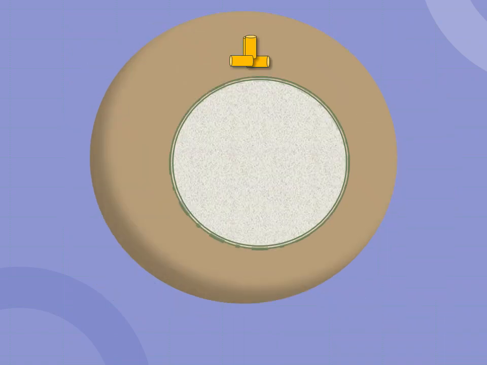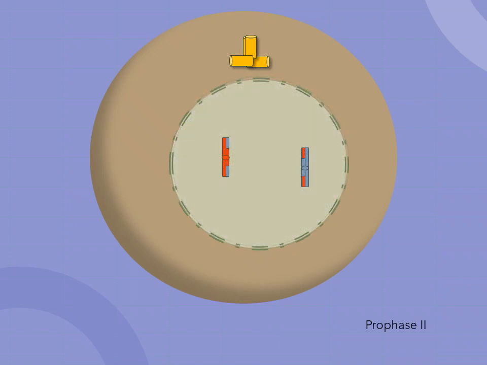Meiosis 2 will look a lot like mitosis, except that we'll be starting with half the number of chromosomes. Both of the daughter cells produced during meiosis 1 will progress through the second round of division, but for simplicity, we're only going to look at one here. We'll start in prophase 2, and again the nuclear membrane will break down and the chromosomes recondense if necessary.